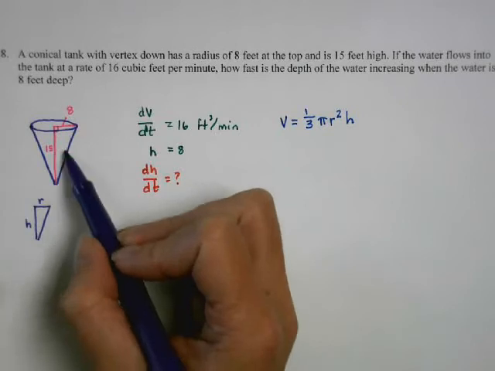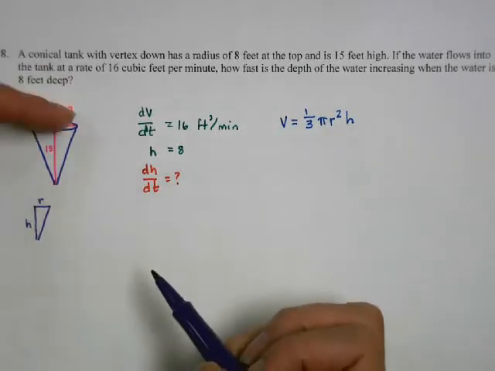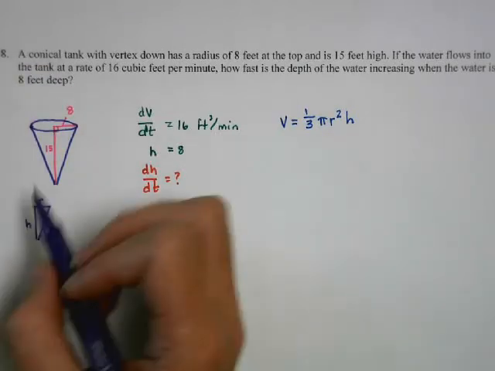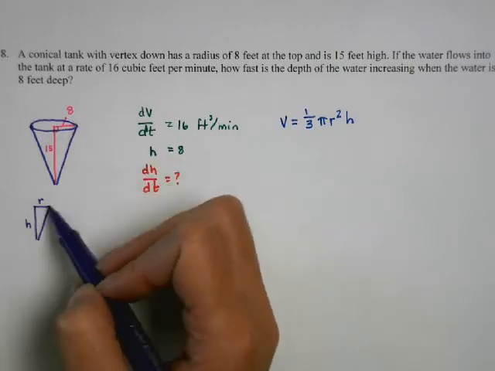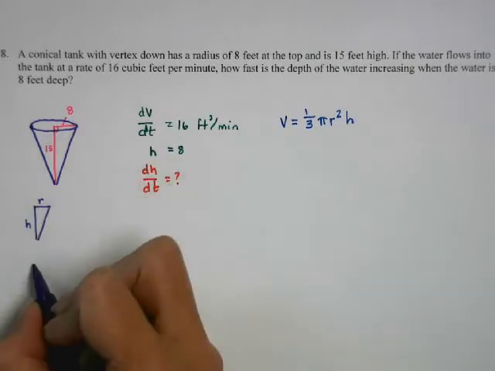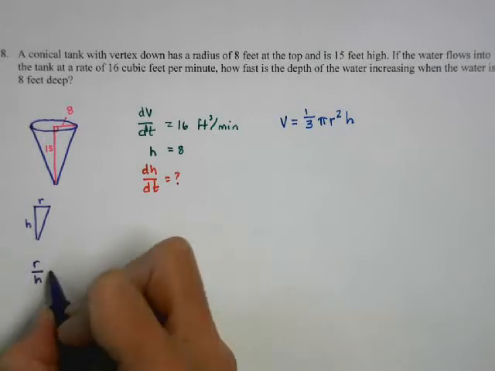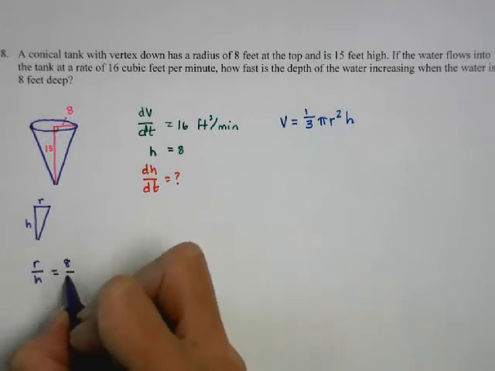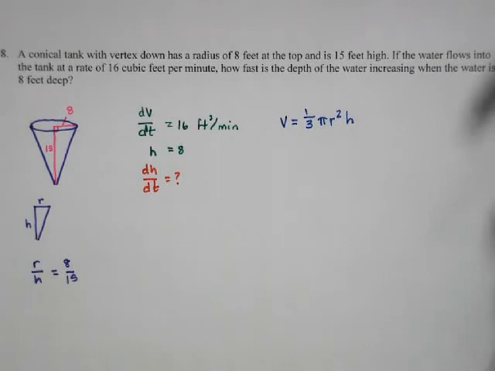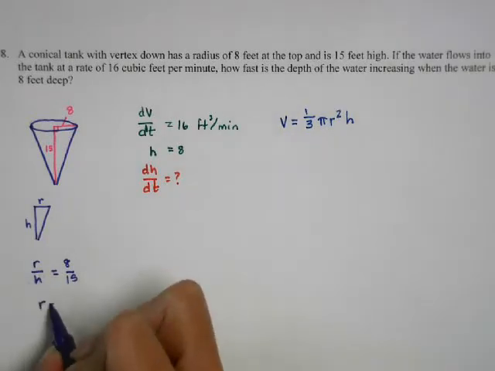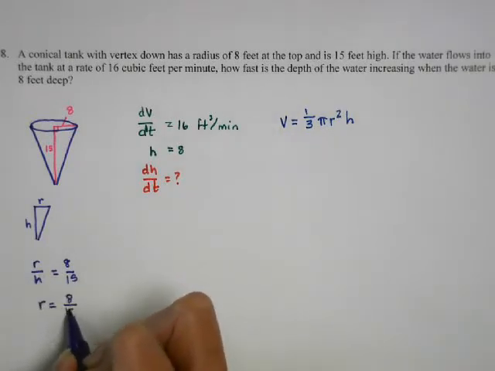So 8 and 15, r and h. I'm just going to do r over h equals 8 over 15 and solve for r. So r is going to be 8/15 times h. So I'm going to substitute that back in up here.